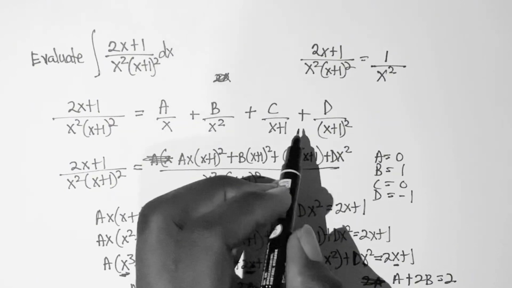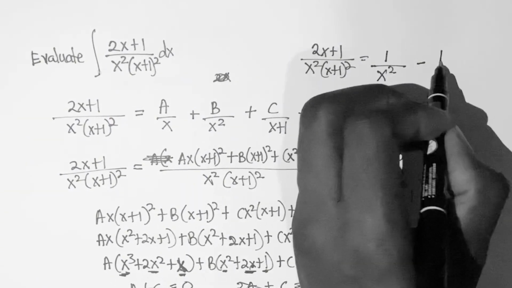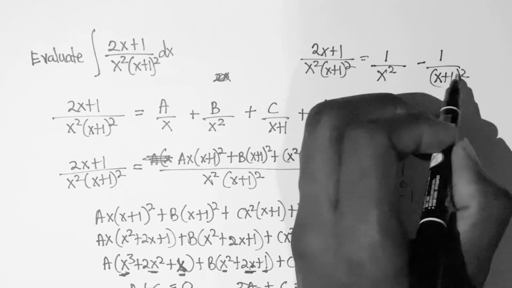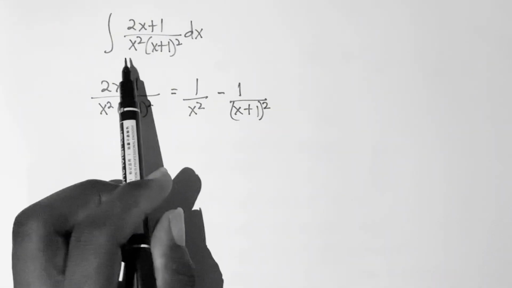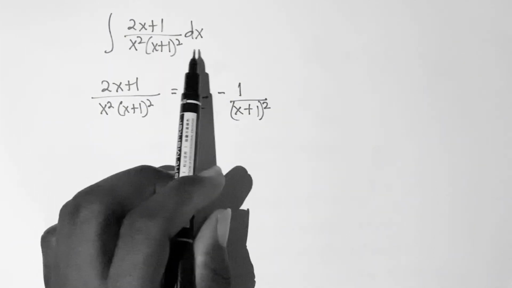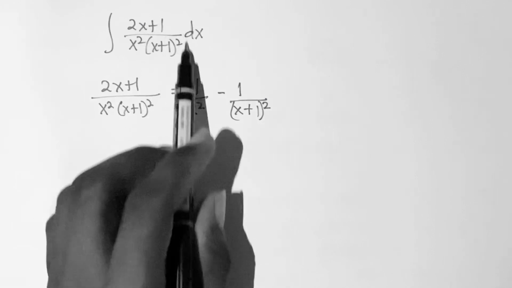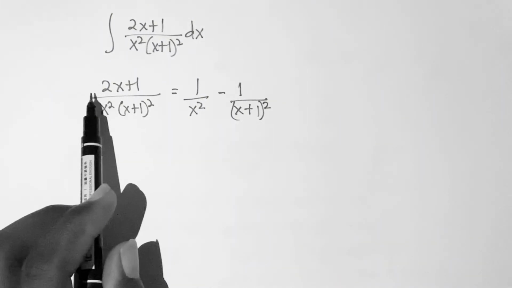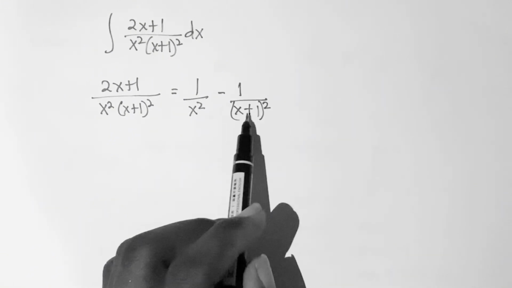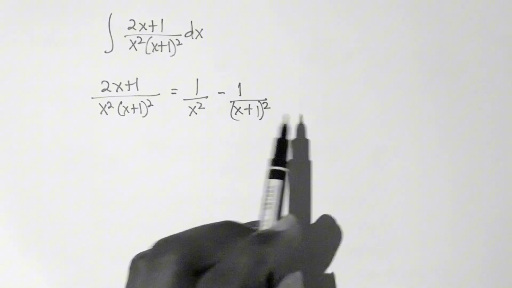Then d is minus 1, so minus 1 divided by (x plus 1) all squared. I'm talking about evaluating the integral of (2x plus 1) divided by x squared times (x plus 1) all squared dx, and we'll be able to express this rational function as 1 over x squared minus 1 divided by (x plus 1) all squared.